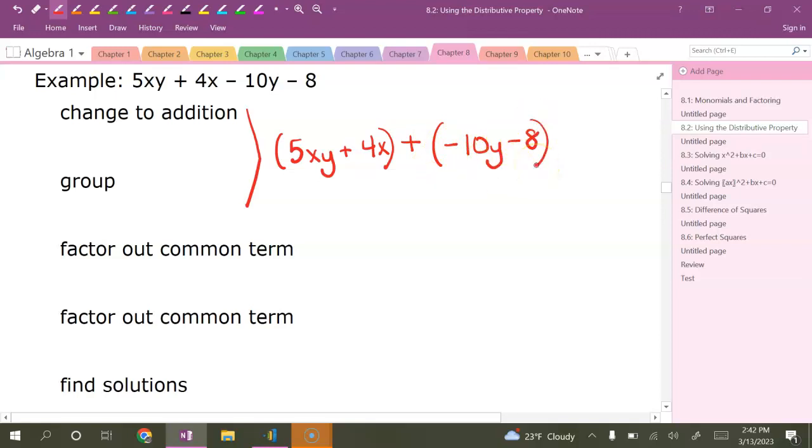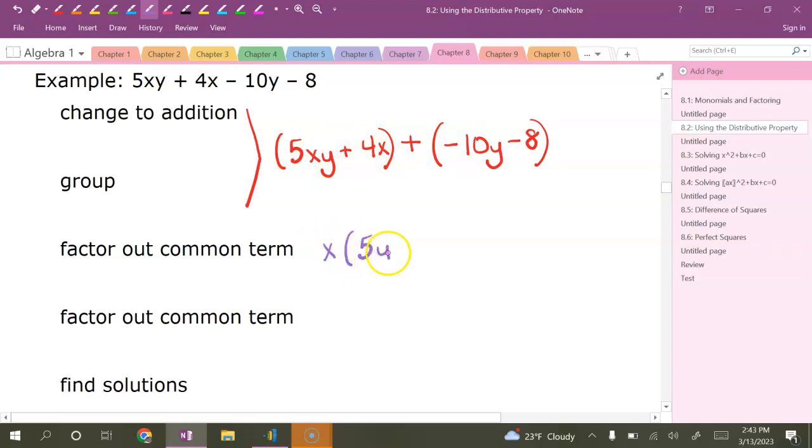The reason why I do that is because when I start pulling out my GCF, what I'm probably going to need to pull out from the second grouping is a negative so that they become positive on the inside of the parentheses, and so that they'll end up matching what's left. Now I want to factor out my GCF, so I look at my first grouping. 5 and 4 aren't going to have anything in common, so I can't do anything with those numbers, but I can take out an x.